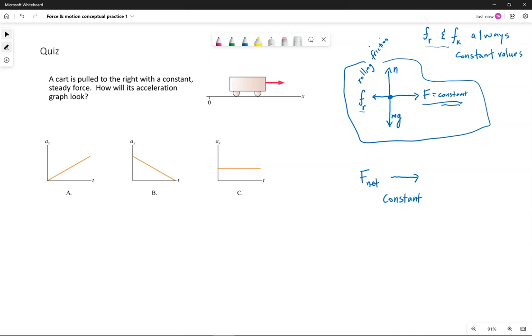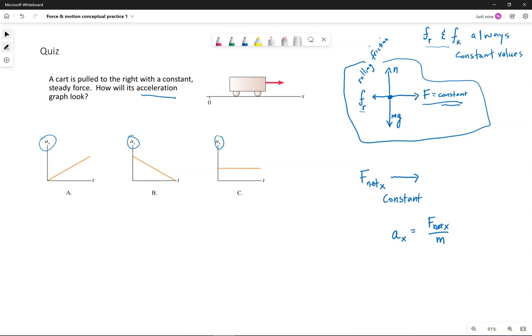The question, though, is asking us about the acceleration. Notice our graphs are labeled a sub x, and that's because we know the only acceleration the cart's going to have is in the x direction. To relate acceleration to force, we have the net force equals ma.